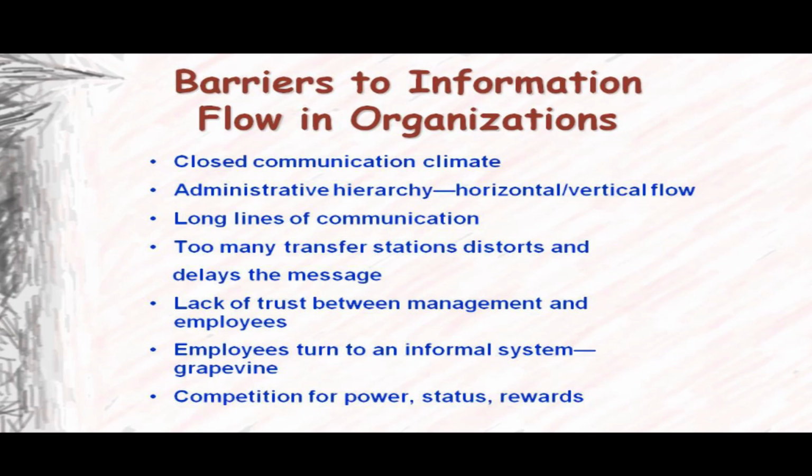But there is also a barrier when there is lack of trust between management and employees. So trust is a very important aspect of communication. Once that gets broken down, then it's very difficult to patch up and rebuild and maintain the communication flow in an easy manner. What will employees do when there is no trust?